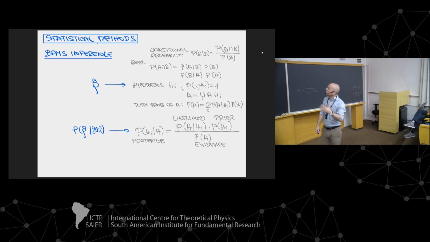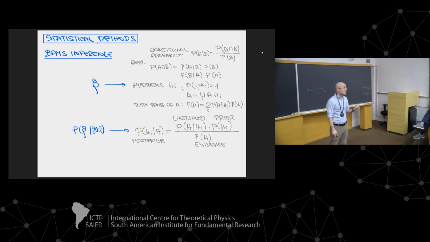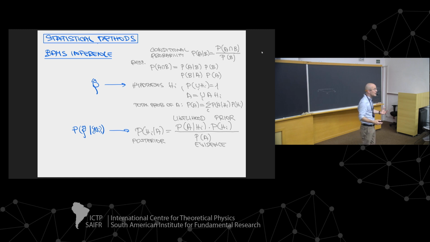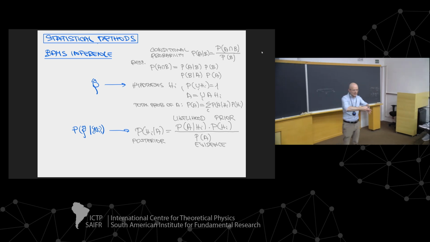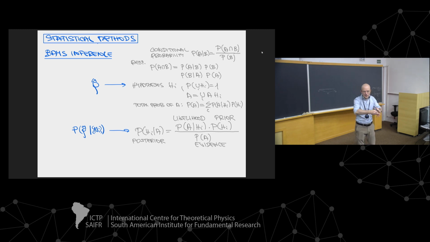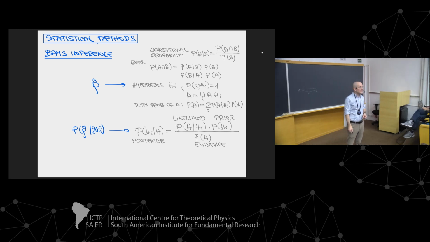So what else do we have? We have statistical methods. In general, they are fine. They don't require equality between probabilities and measured data. And probably the best known range of methods is Bayesian inference.